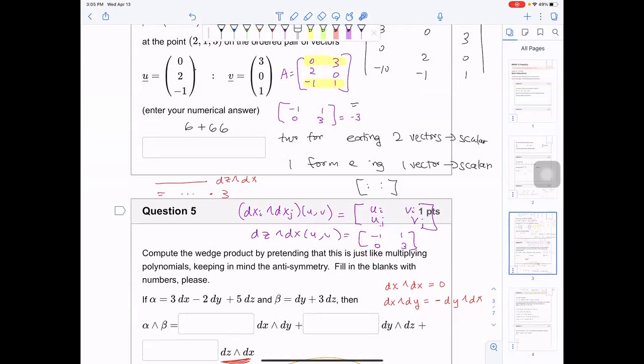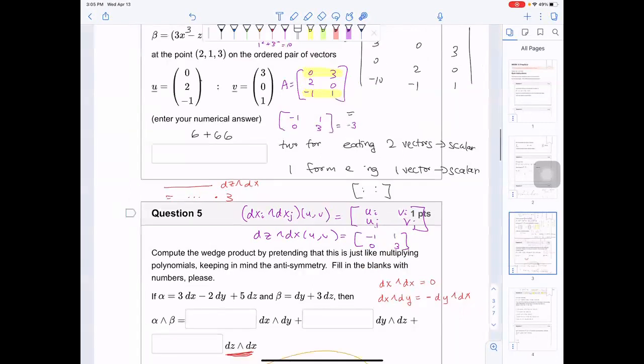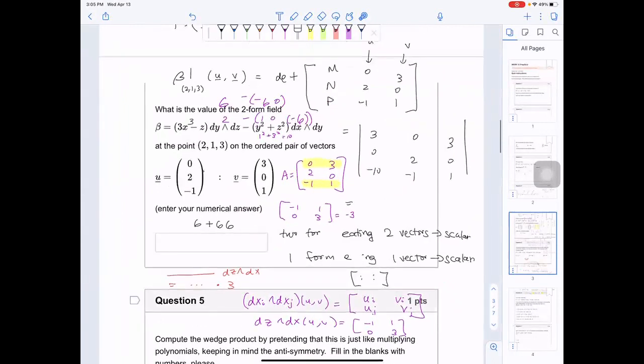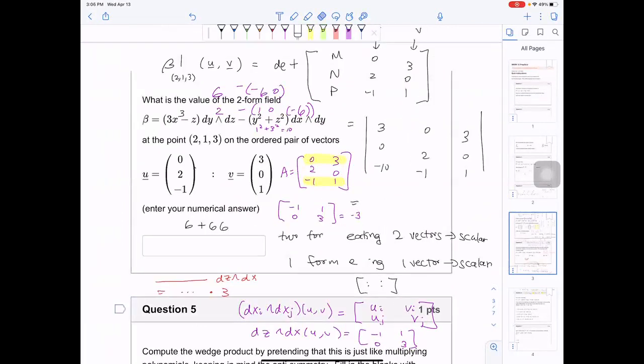Okay, but if we did the full 3x3 determinant thing like we have up there, how does that make sense? Well, yeah, but if you have MNP or whatever. So right now for my first thing, I have 3 times 2. 3, which is here, and 2 ends up being this dy.